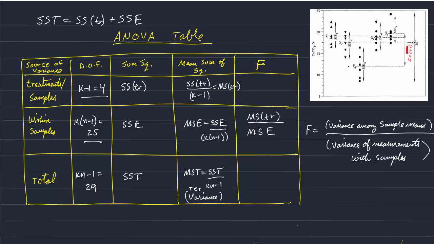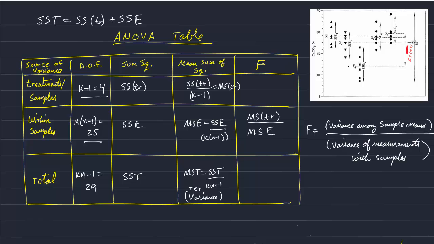So if the variance associated with the sample means is a lot larger than that associated with the measurements within each sample, then that would tend to lead to the conclusion that the means of the sampled populations are different.